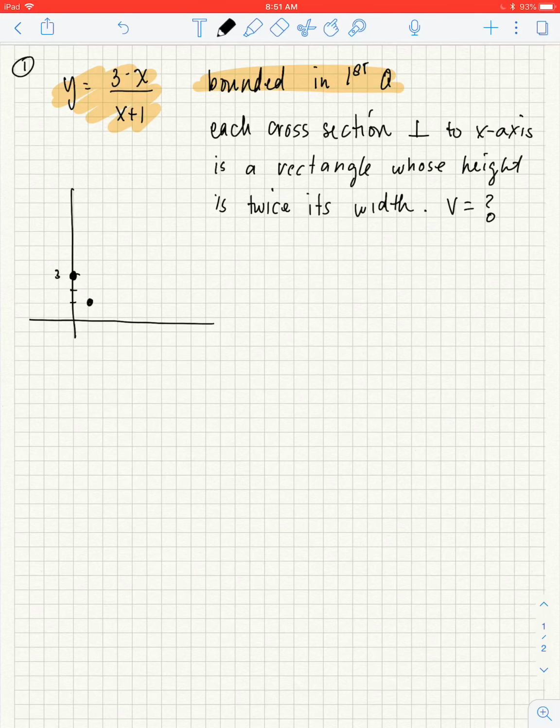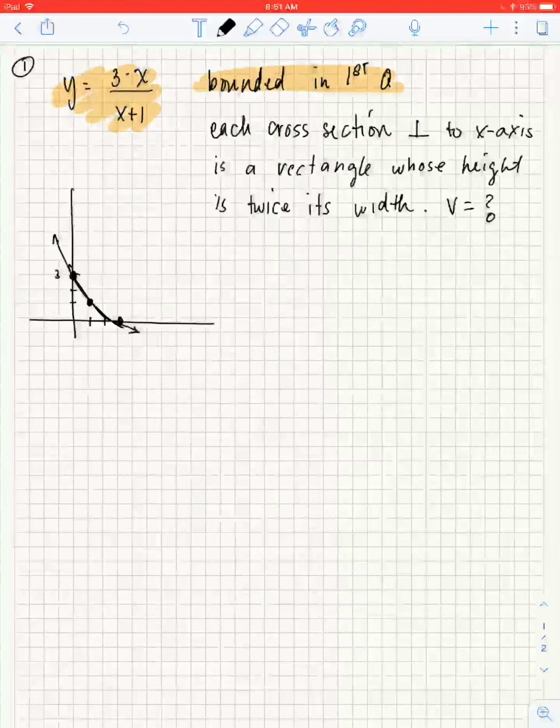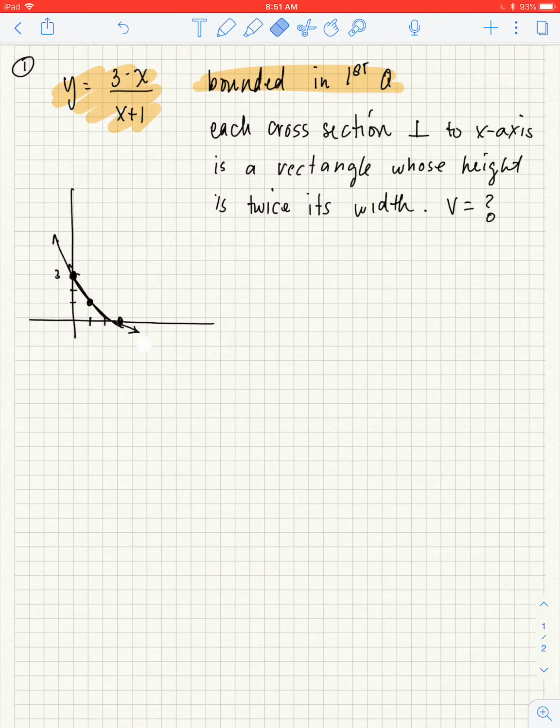And say you plug in 3, you would get 0, right? So just pick points that work nicely, and then you could see your curve would wind up looking like that. All right, but we are only concerned about the first quadrant, so we only need this portion here, okay?